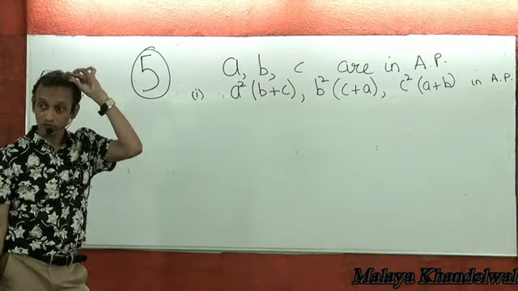For the second AP, what's the 100th term? Say T prime 100. First term 4, common difference 3. So that's going to be 4 plus 99 into 3, which makes it 301. That's the 100th term of the second AP. Yes or no?